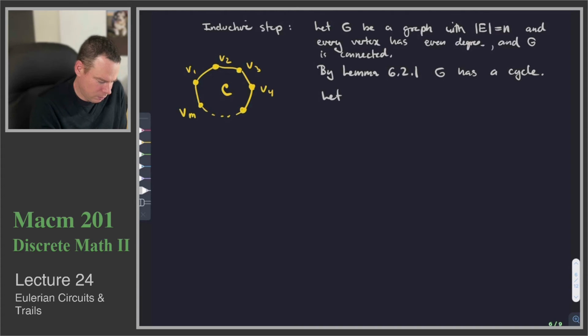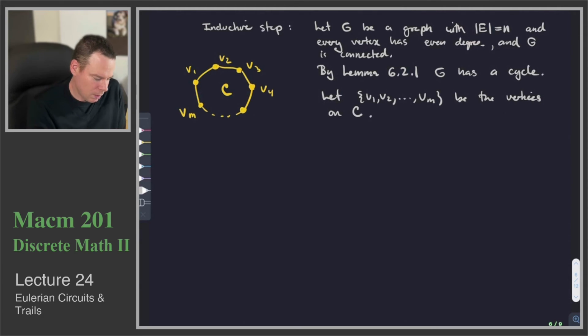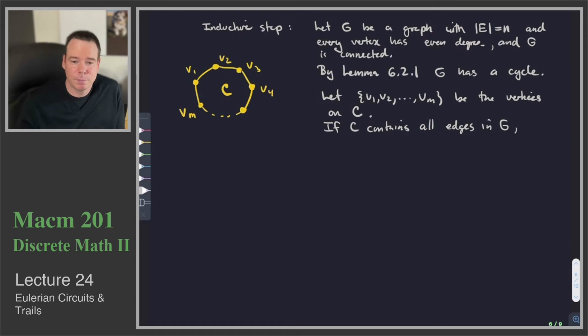So we can let V1, V2, all the way up to Vm be the vertices on the cycle C. If C contains all edges in G, then we're done.